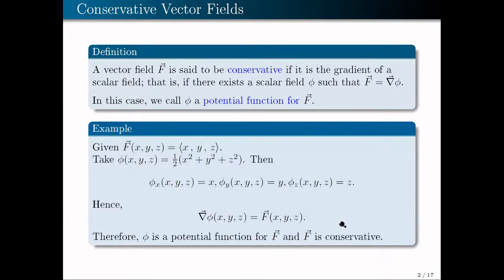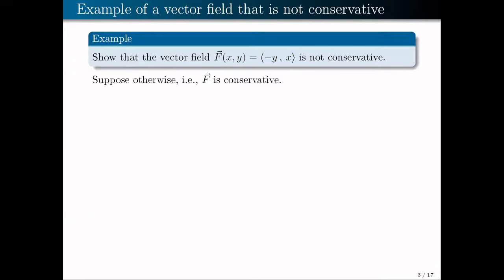Okay, so next, here we want to show that the given vector field F in 2 dimensions, negative y comma x, is not conservative.